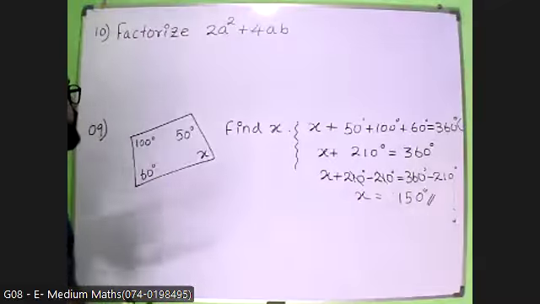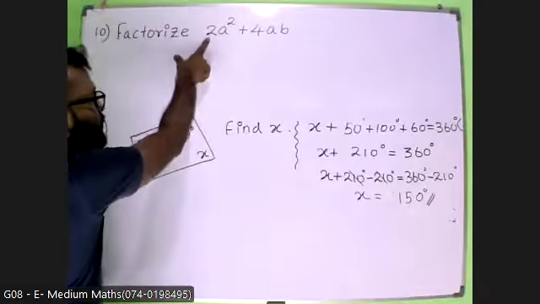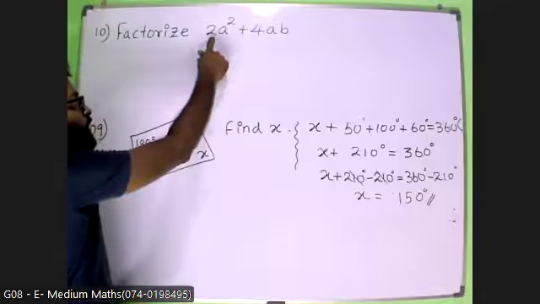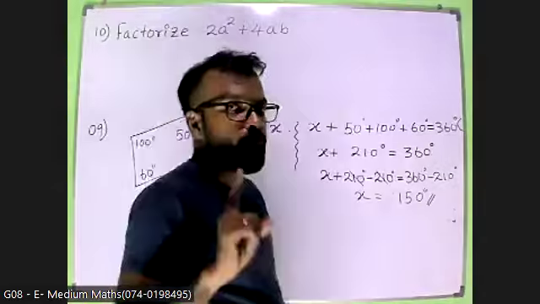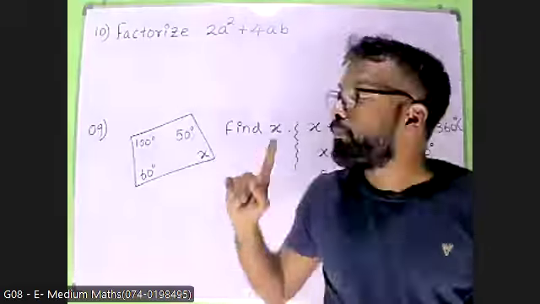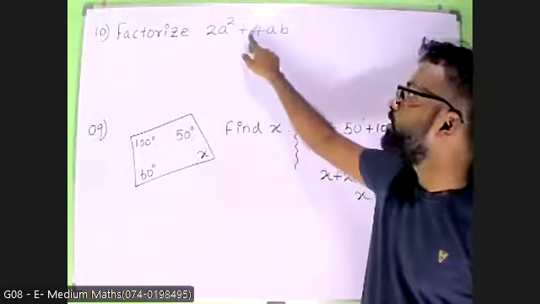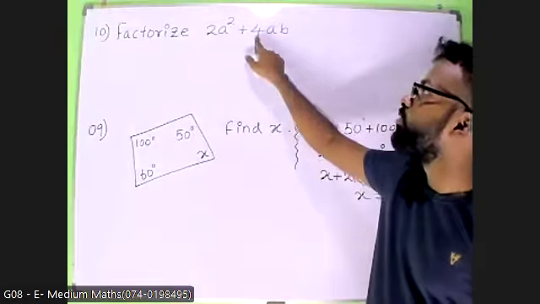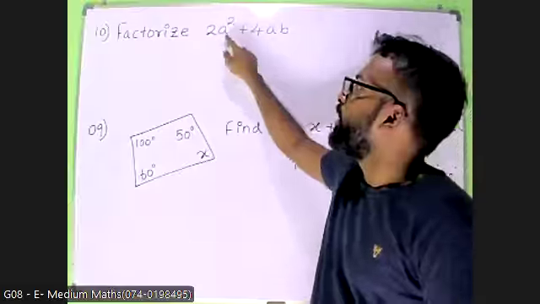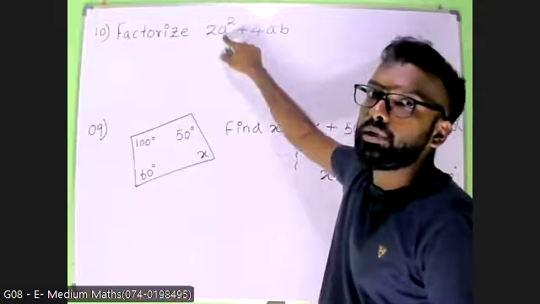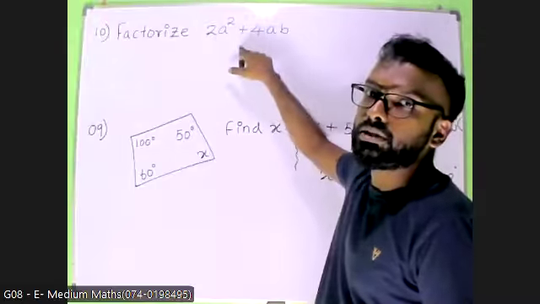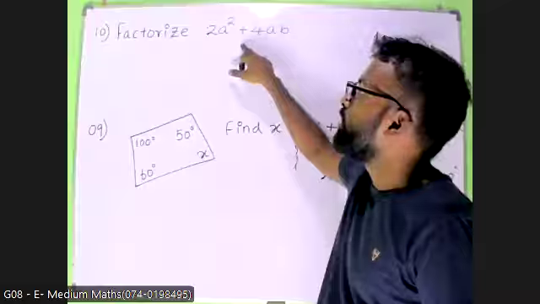by looking at this, I think 2 is common for this one and this one because 4 is a multiple of 2. You can write 2 times 2, which is 4. And a to the power 2 is a multiplied by a.